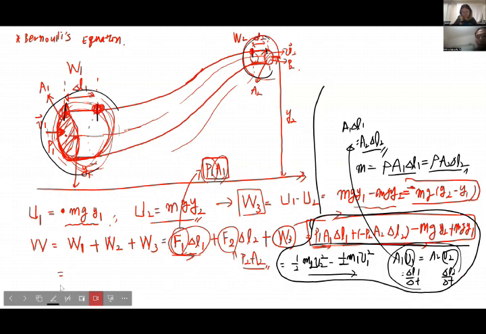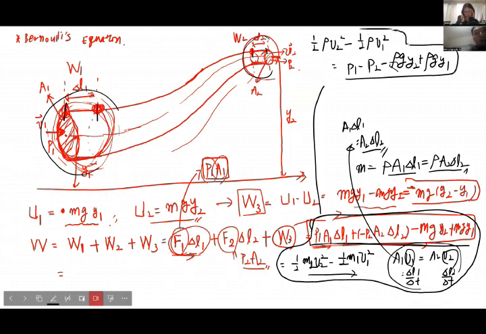Then that should be 1/2 rho V2 squared minus 1/2 density times V1 squared equals P1 minus P2 minus rho g y2 plus rho g y1. Okay, so you just rearrange this.